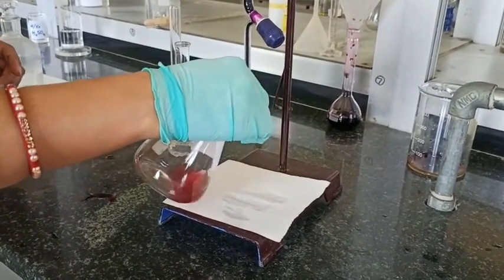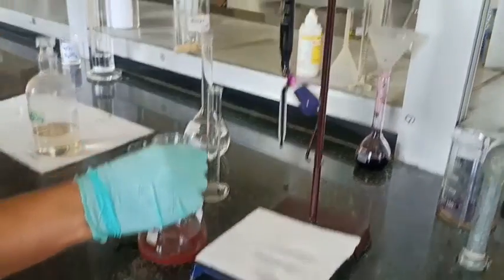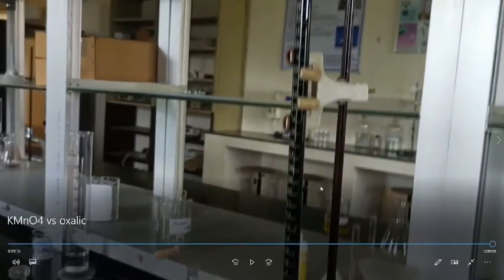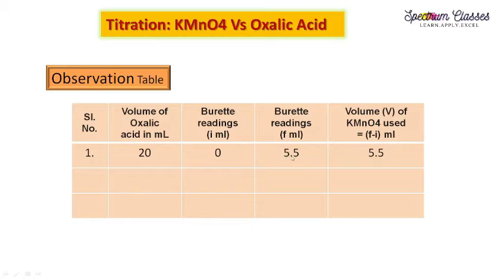It means all the oxalic acid has reacted with the KMnO4, and now you can see the final reading, which is 5.5 ml. The final minus initial is the total volume of KMnO4 consumed, equal to 5.5 ml.